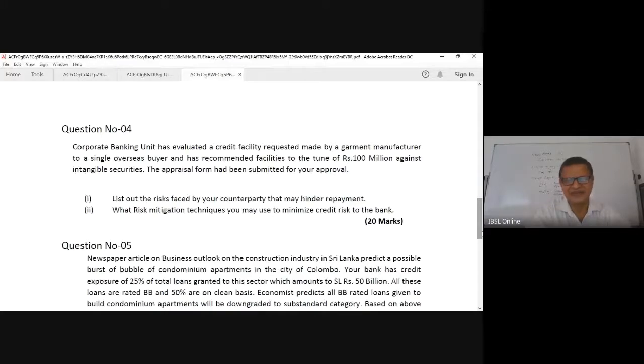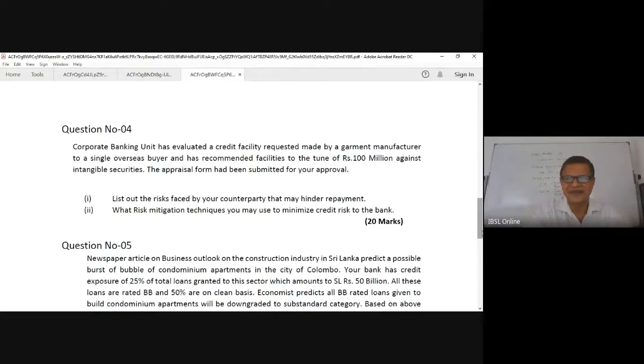And they have given us a little caution by saying he has a single overseas buyer. That means he doesn't have a spread of buyers to sell his product, but he probably would have contracted to finish those garments, and probably the contract may involve the overseas buyer buying all the garments without any surplus so that he could export the entire production to one client.